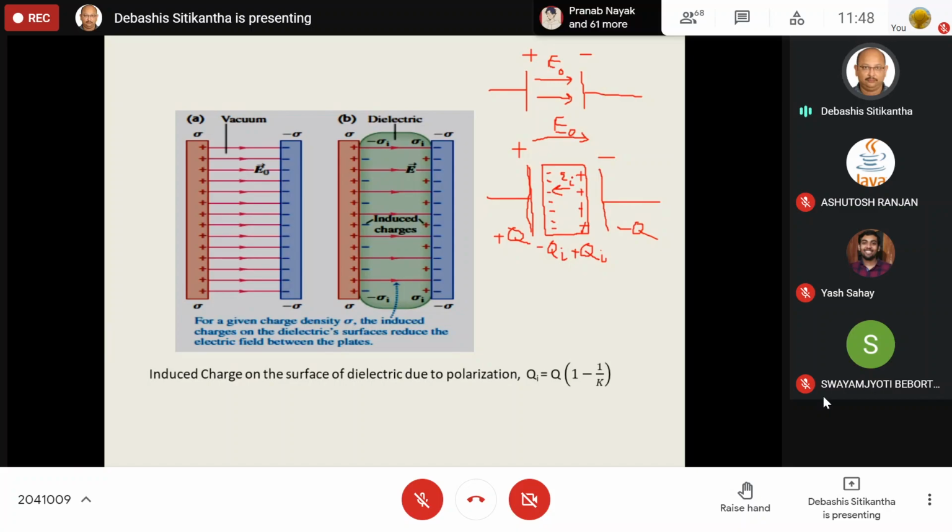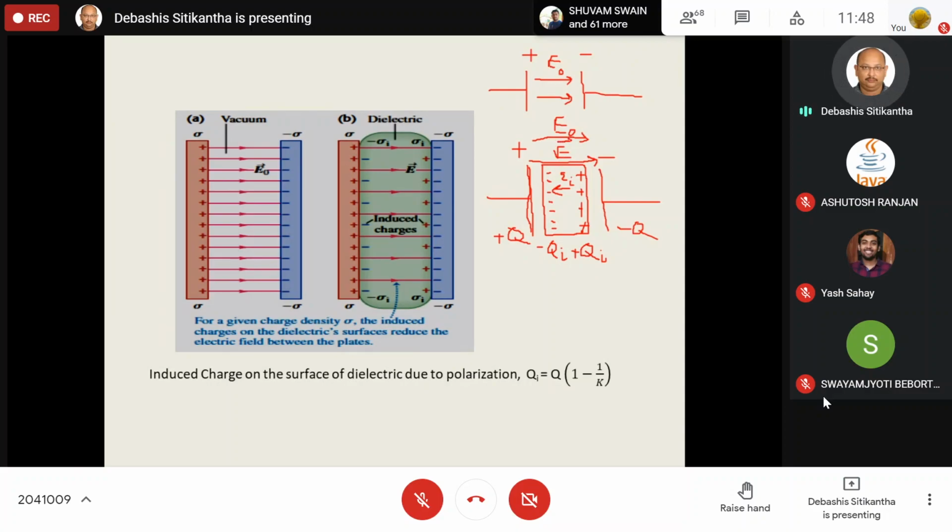Let us say this is the induced electric field EI. The net electric field between the two conductors is going to be less than E0, because the E0 vector was in this direction before the dielectric and EI is in the opposite direction. So naturally the electric field is now reduced to E.